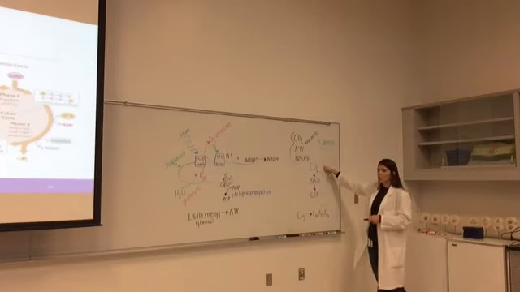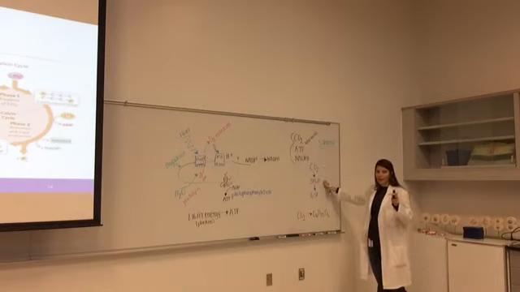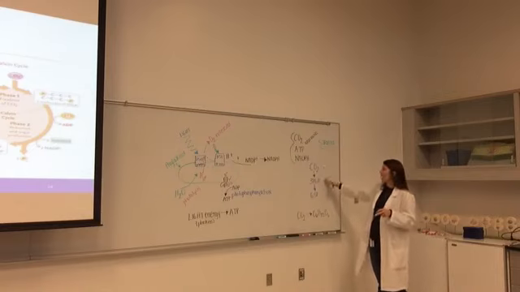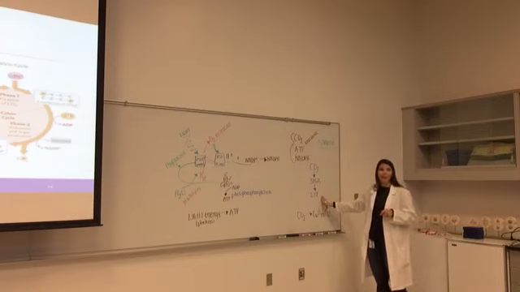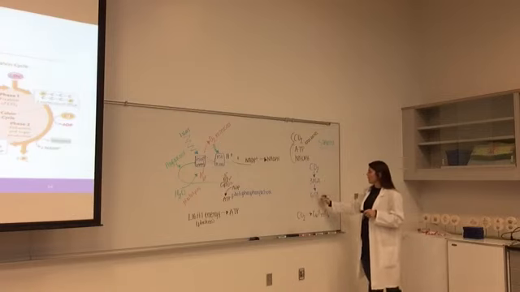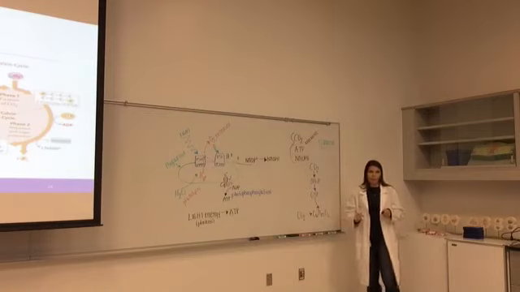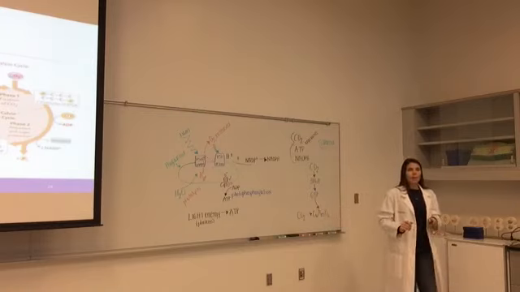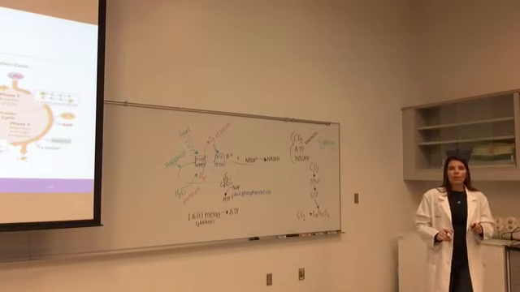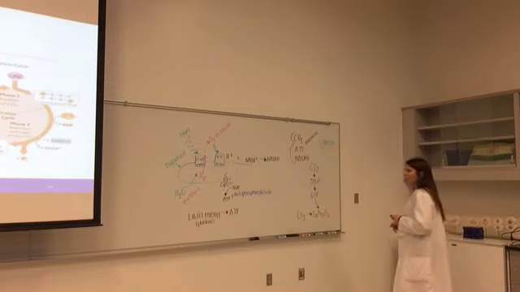So I go from CO2. My first intermediate is PGA. As I continue to add, it becomes G3P, and G3P will ultimately become glucose.